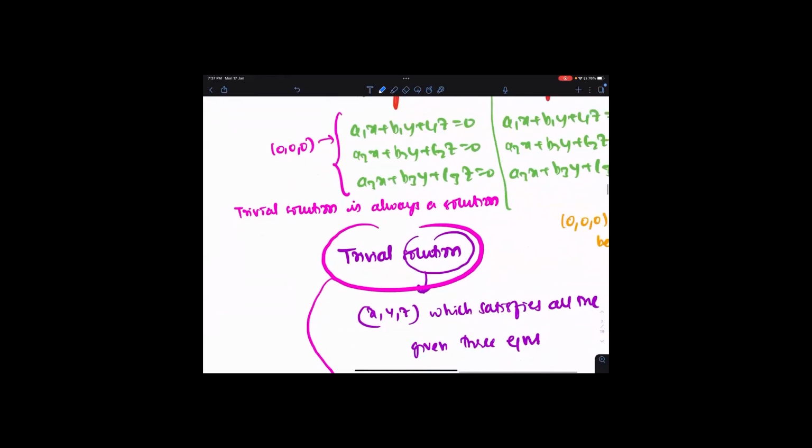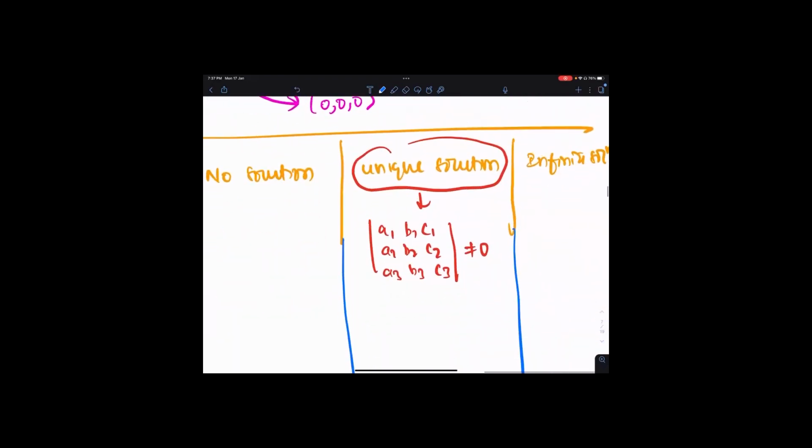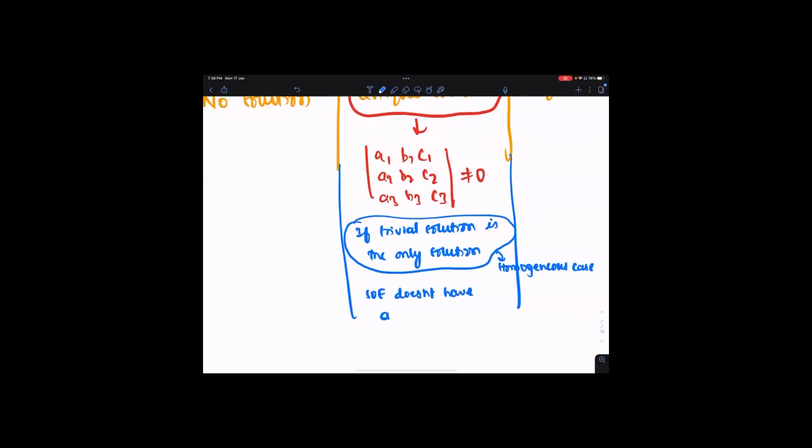So if I express it in language, it will be something like this: if trivial solution is the only solution, this is how the questions will start in the homogeneous case. Or they will say the system of equations doesn't have a non-trivial solution.